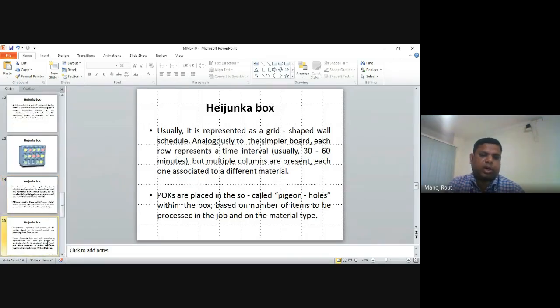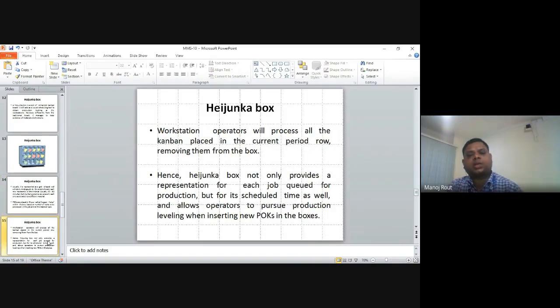Then moving to the next one, in case of workstation, the operator will process all the Kanban placed in the current period, that is known as a row, and remove them from the box. Hence, the Heijunka box not only provides a representation for each job queue for the production, but for its schedule time as well.